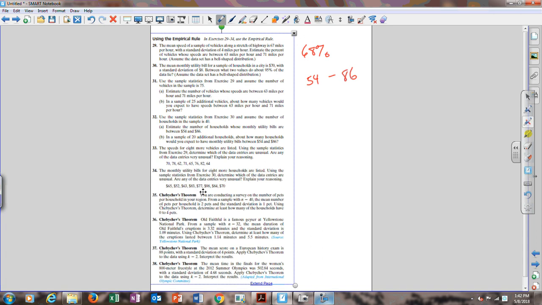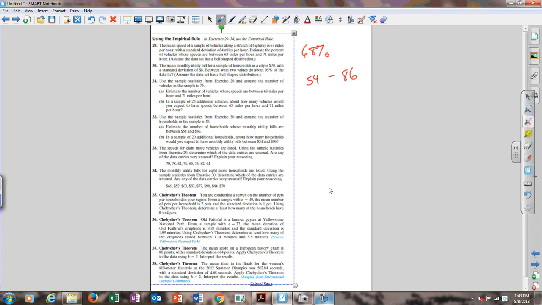In addition, we don't have any numbers on the high side that are very unusual, except number 98. That would be very unusual because it's above 3 standard deviations. 52 is below 2 standard deviations, but not below 3 standard deviations.